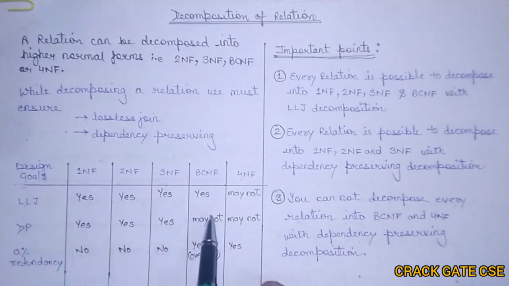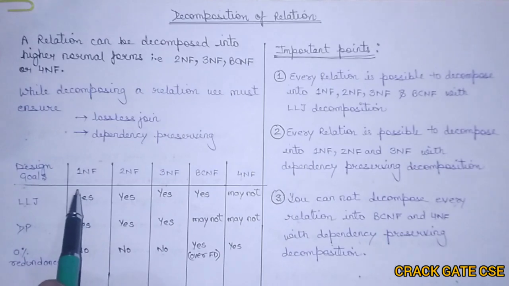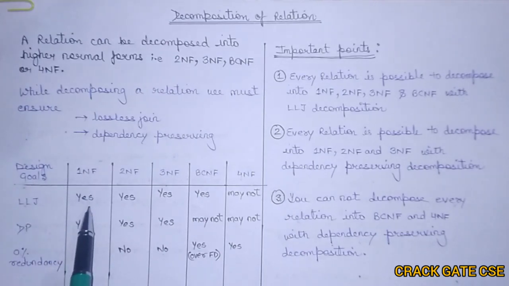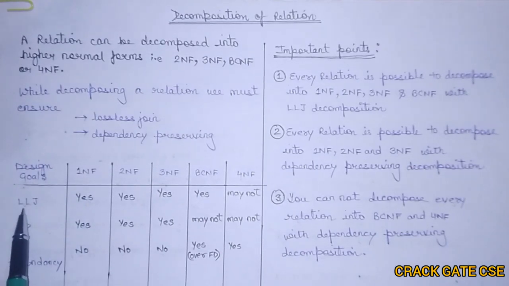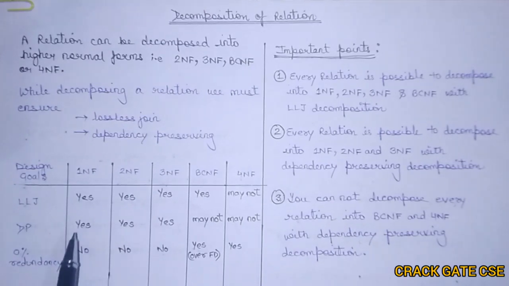From this particular table, many questions can come, like true or false statements and give-the-reason type questions. This kind of question can come in GATE. In 1NF, it is possible to decompose with lossless join and dependency preserving because it is by default, but we know that in 1NF redundancy is possible, so 0% redundancy cannot be there.